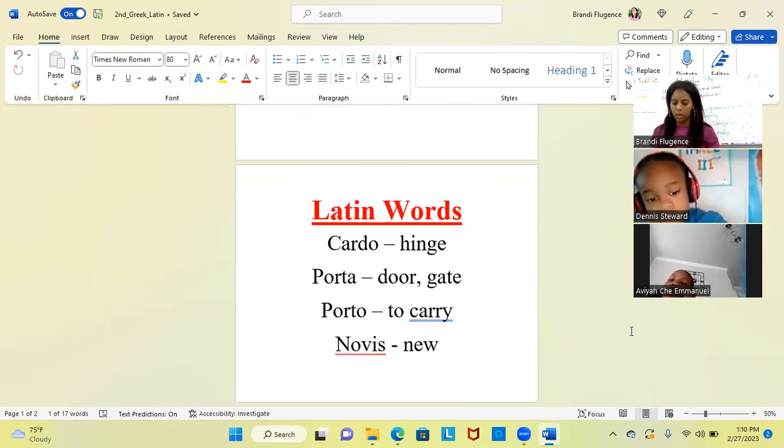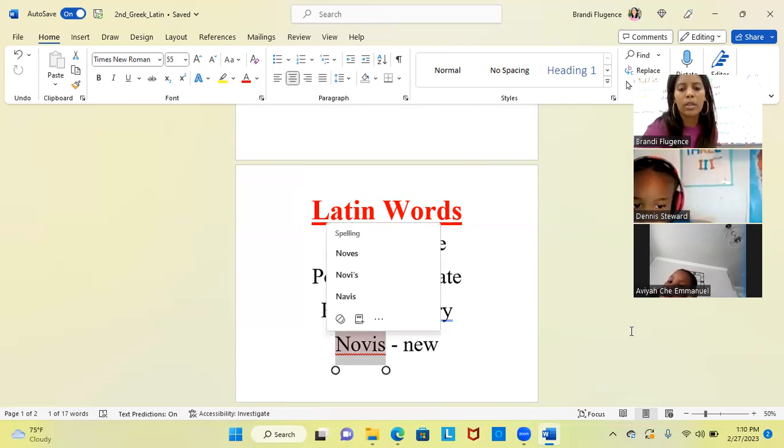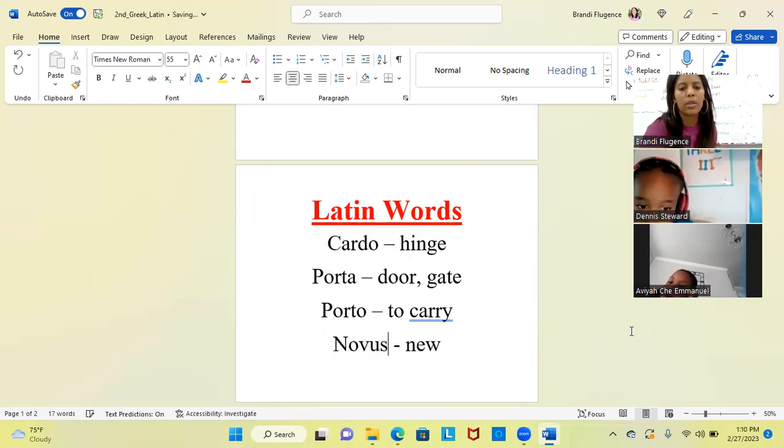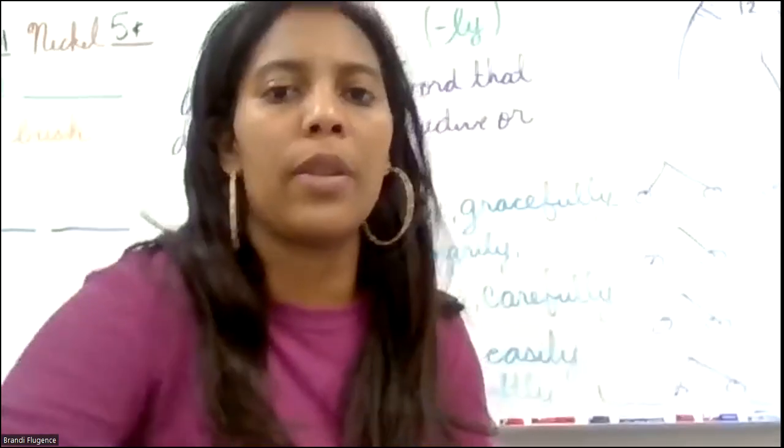Porta, P-O-R-T-A, porta, and it means door or gate. Porto, P-O-R-T-O, porto, and it means to carry. And novus means new. Okay, so these are your 25 words for this week.